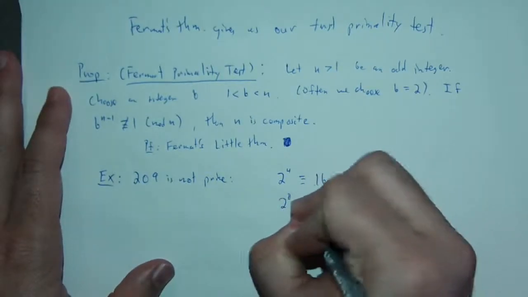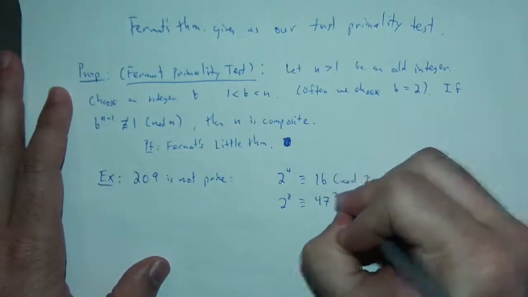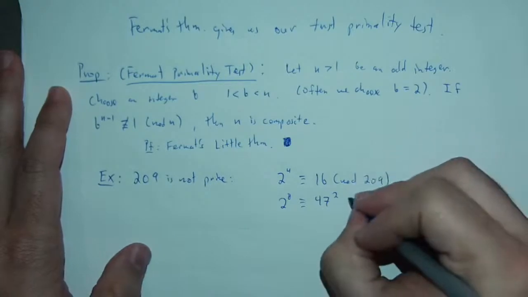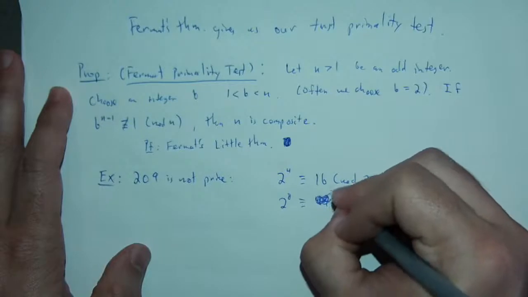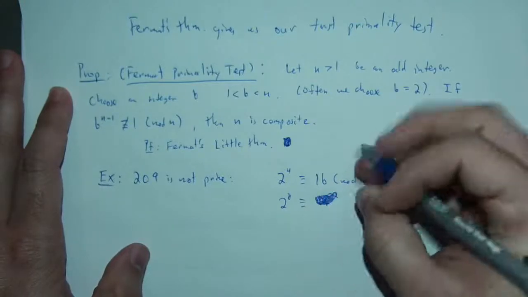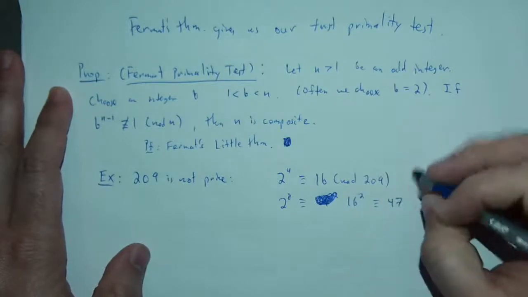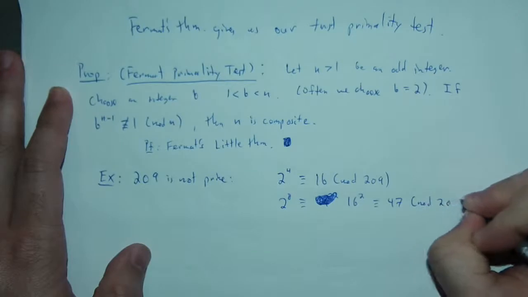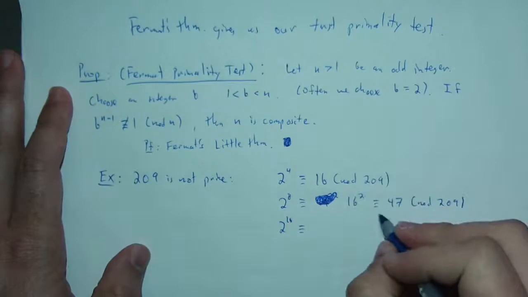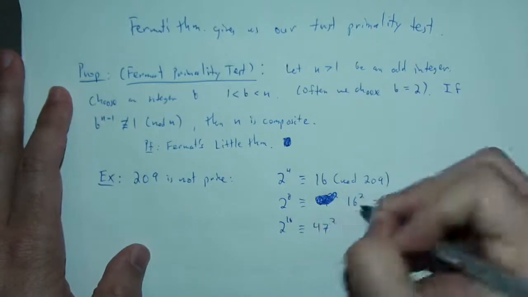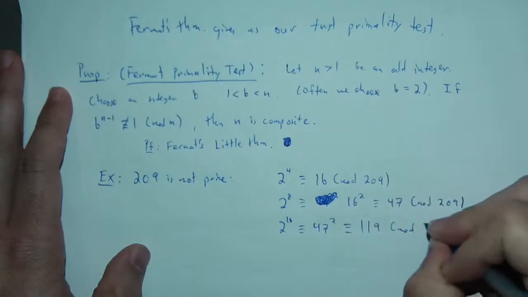So 2 to the 8 is 16 squared, which is congruent to 47 mod 209. And 2 to the 16 is now 47 squared, which is 119 mod 209.